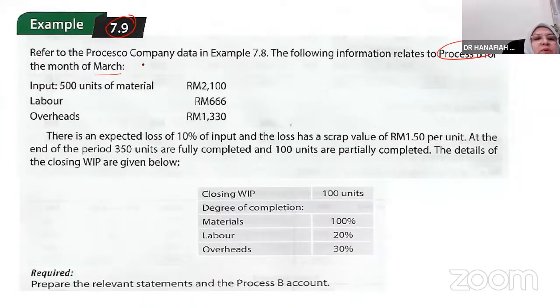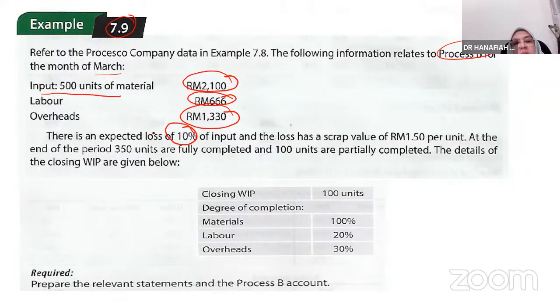For process B, for the month of March, we have an input of 500 units, which costs 210, and the labor is 666, and the overhead is 1,330. However, in process B, we expect 10% will be loss, maybe from the input.